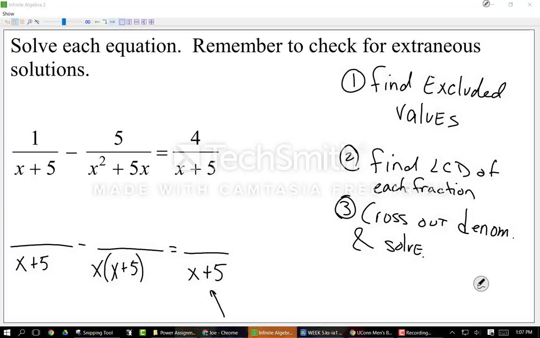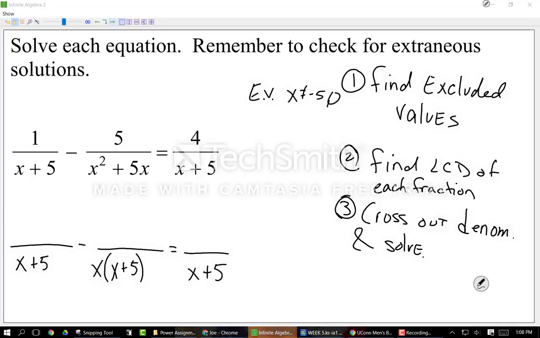So my excluded value for the x plus 5s, hopefully again we look at them and we say my excluded value is negative 5. Remember the opposite. So x can't be negative 5. And then for this x here, that's just a 0 because it's a monomial. So my two excluded values are negative 5 and 0.